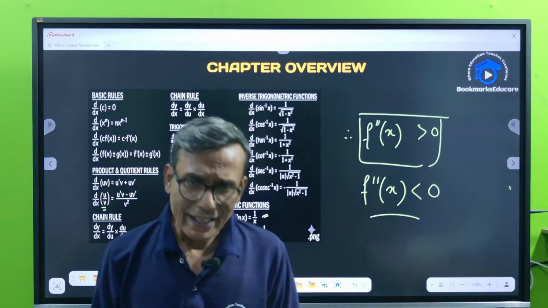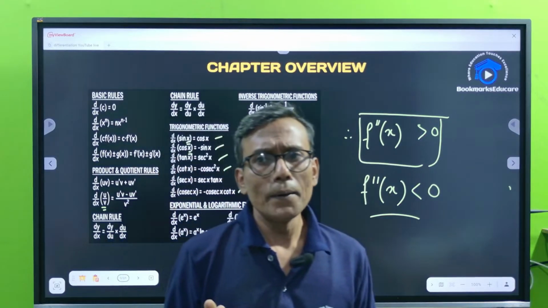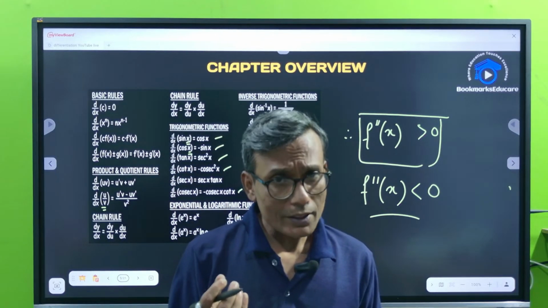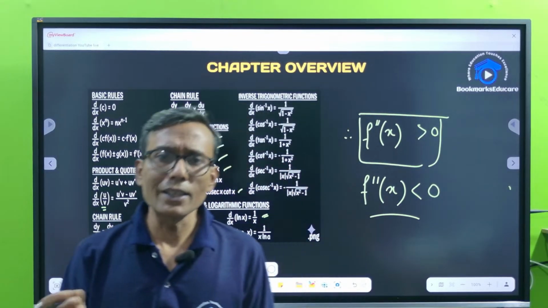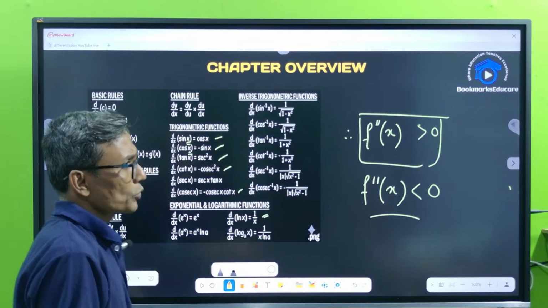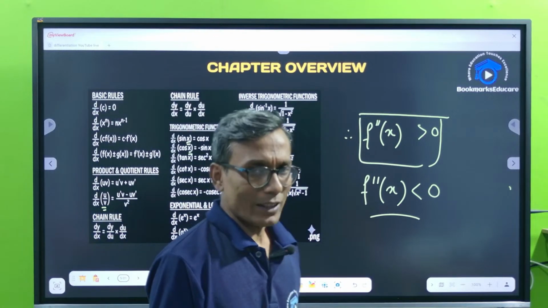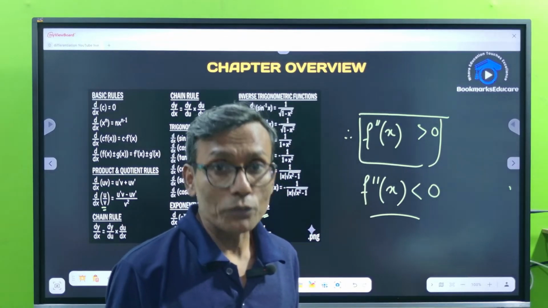As I have already said, it indicates the inflection point where the concavity changes, and it is also used to find the rate of change of slope.